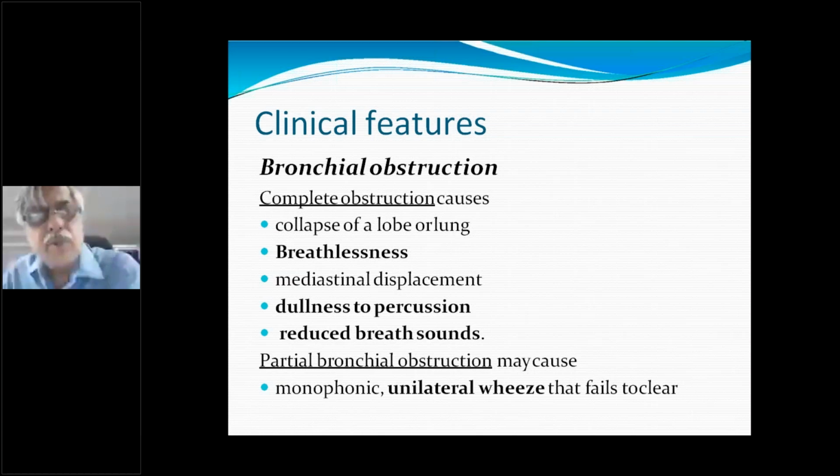Whereas in bronchial asthma, you will hear the wheeze randomly, scattered all over the chest. But the monophonic wheeze you will hear only in one part of the chest, like the upper lobe or middle lobe. Fixed monophonic unilateral wheeze.